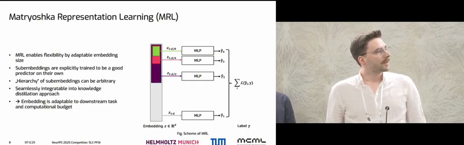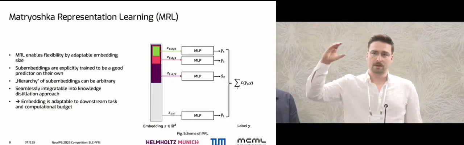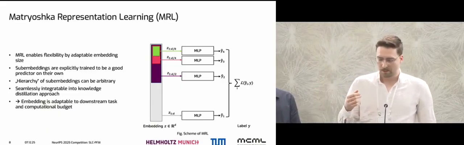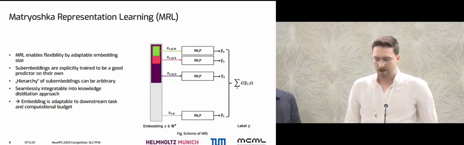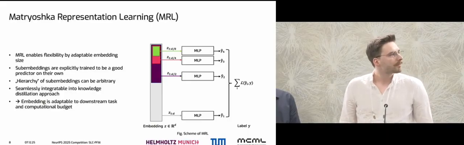And it forces the embedding to structure itself hierarchically, so that you have the most important embeddings or embedding tokens at a specific part of the embedding itself. And then the further down you go, the less important it gets.